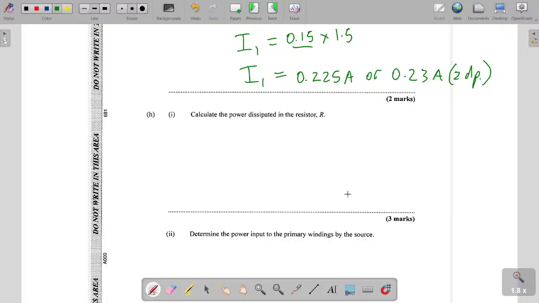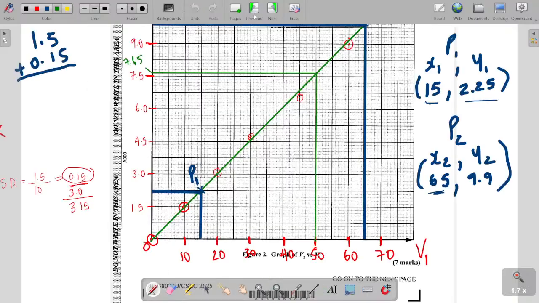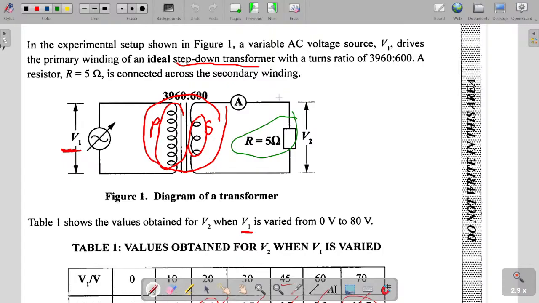Alright, next question asks us to calculate the power dissipated in the resistor. So we need to find out what's the power that is dissipated in the resistor. There are more than one ways you could use this information here. Because our resistor is in the secondary part of our circuit, we're going to be using the information for V2 to calculate the power.